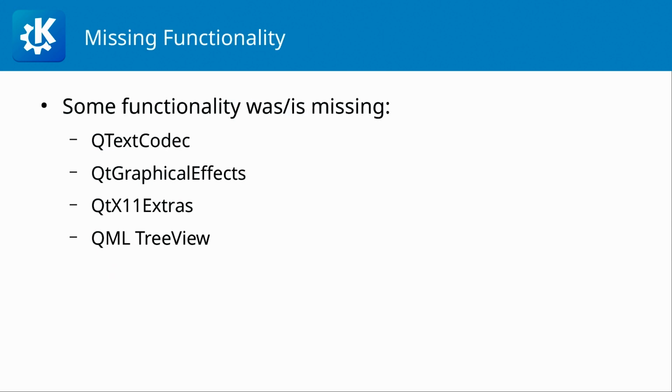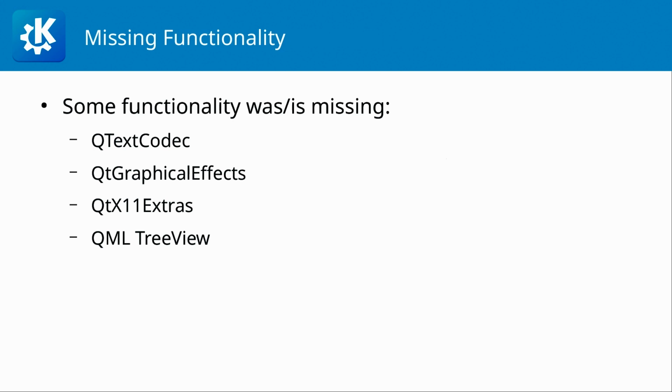Then we also encountered some missing functionality in Qt6. One of the prime examples here is QTextCodec, which was removed from Qt6 in the sense that it was dropped from core and moved into the Qt5Compat module, under the assumption that you only need UTF-8, 16, 32 anyway.